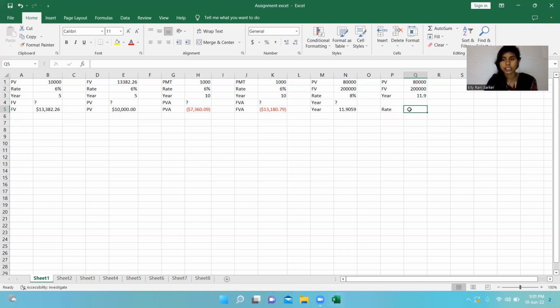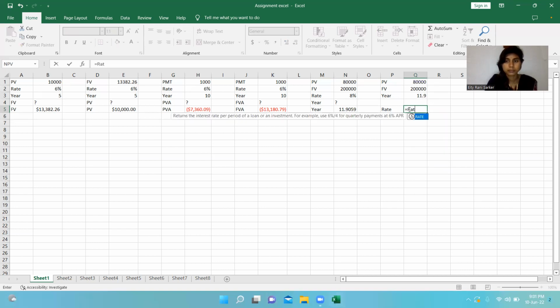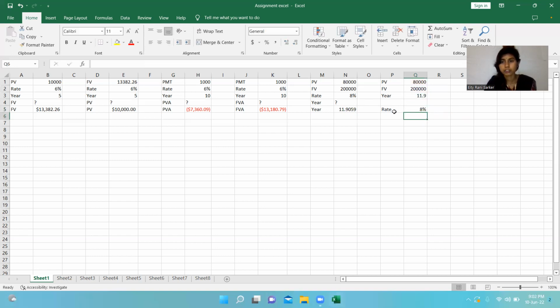So to calculate the rate, write the equal sign, rate, starting bracket, then NPER, select the year, then PMT is not here, so write 0, then PV, select the PV, then minus, select the FV, then type 0, then close the bracket and press enter. We get our answer 8%.